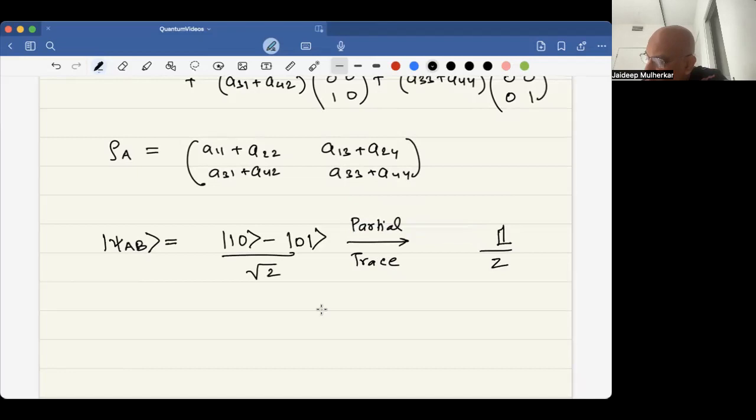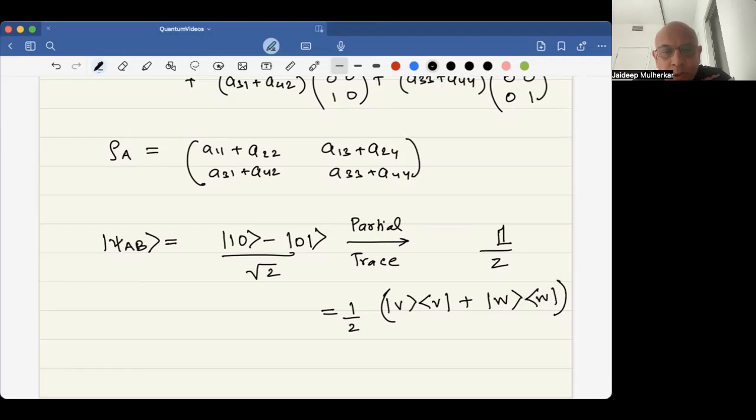In fact, the maximally mixed state can be written as a mixed combination of any two orthonormal vectors v and w, and there is not at all complete information about this state.